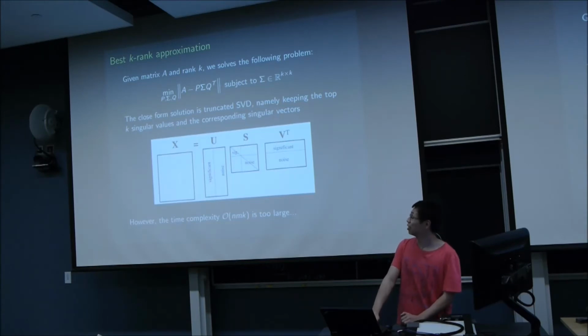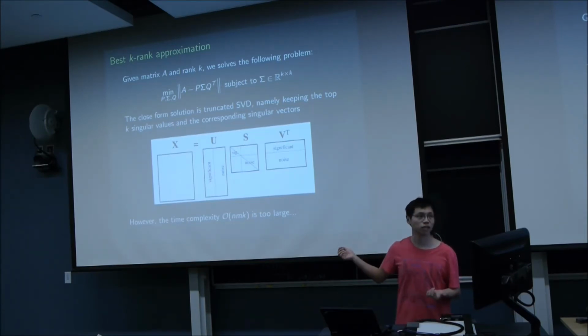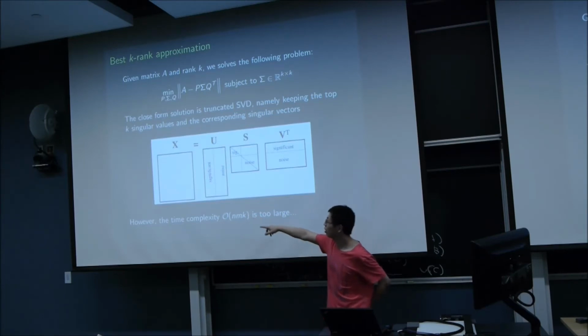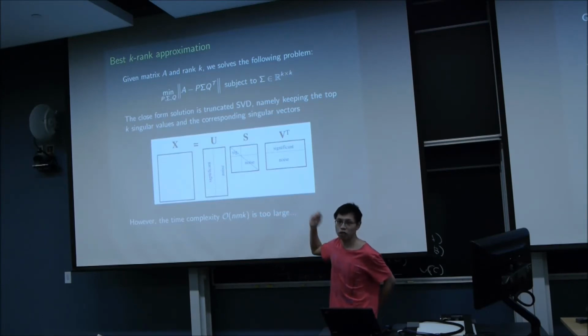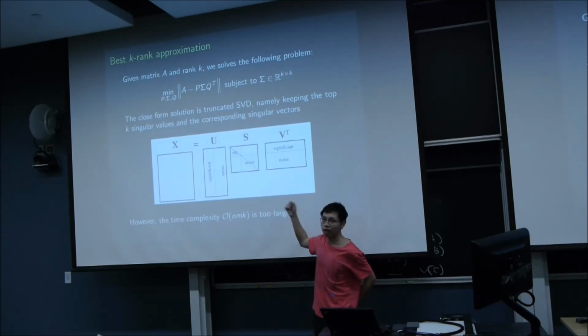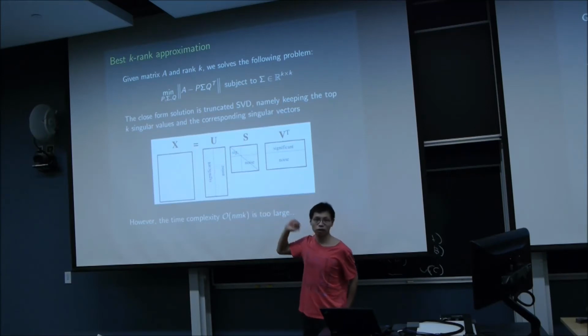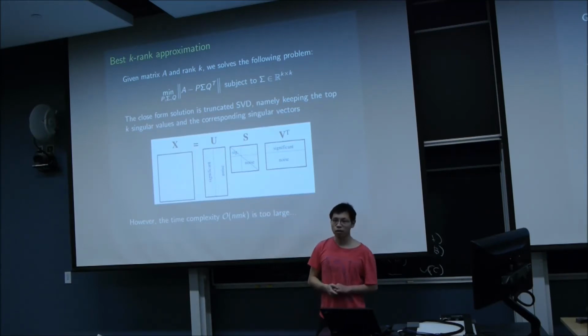It's just truncated SVD, which is what we did in PCA. Here the matrix should be A. If we do an SVD on A, it can be U times S times V. So we just keep the K biggest singular values, and keep their corresponding singular vectors, and drop the rest.